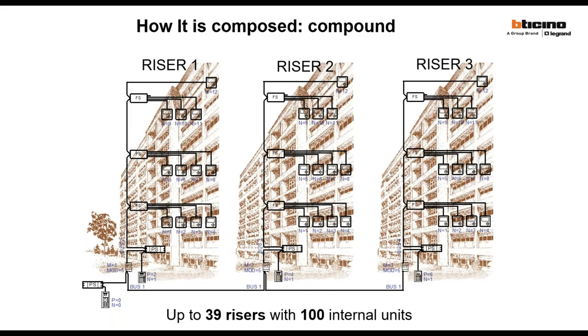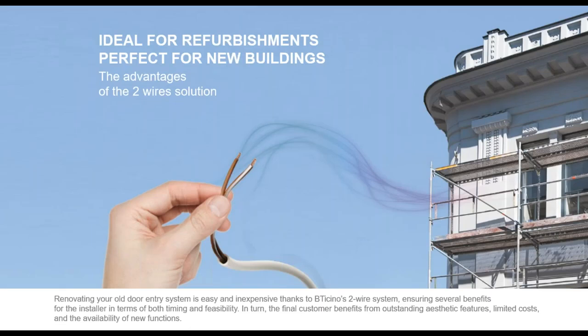In case of multiple risers, we have as well a solution using the fiber optic if we have a super huge compound. So we see that the 2 wires are ideal for the refurbishment and perfect for the new building.